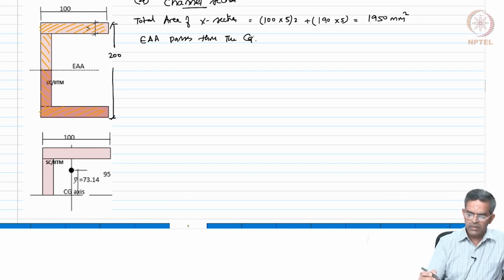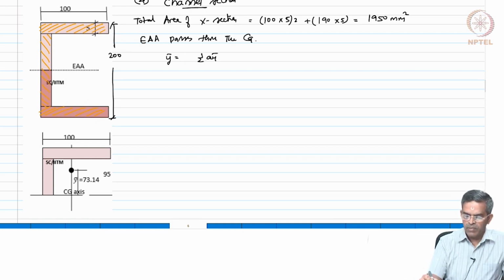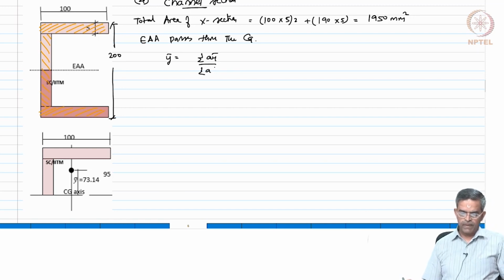Okay. One can easily find out y bar, which can be sigma A y bar by sigma A. We will try to find out. Look at this figure here.